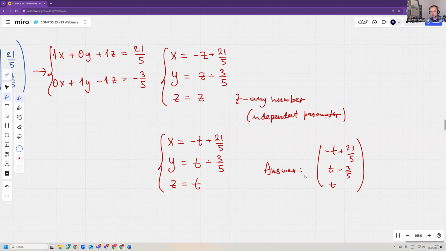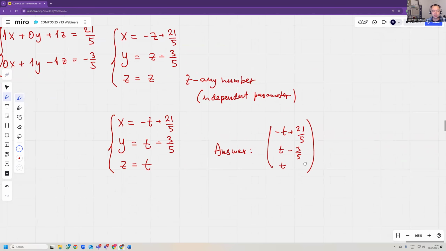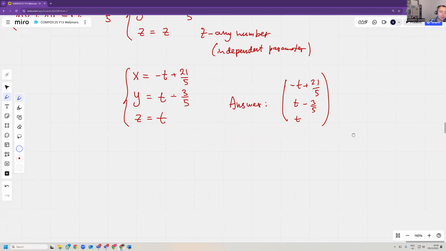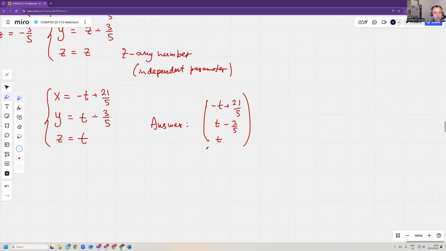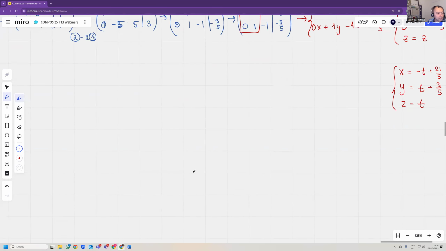And some of you will notice that this is an equation of a straight line. It's an equation of a straight line in 3D, and indeed we have 3 planes which intersect along a straight line.